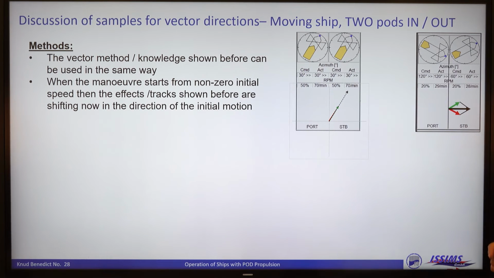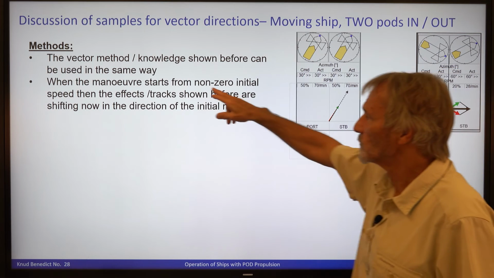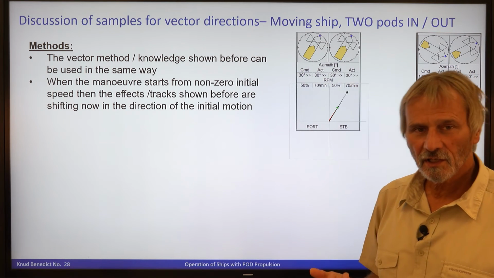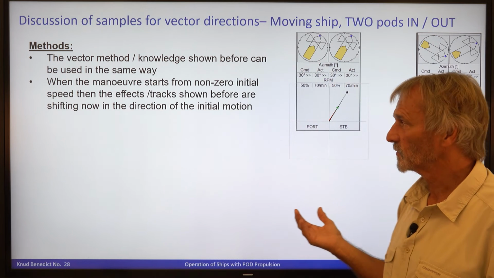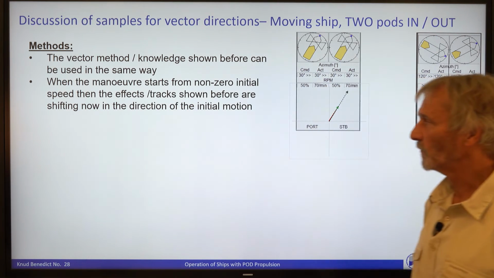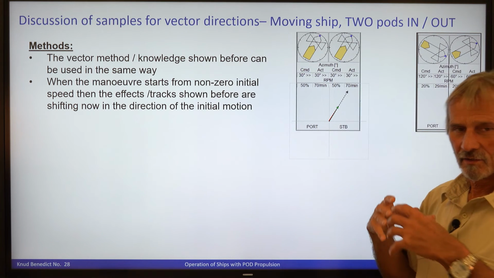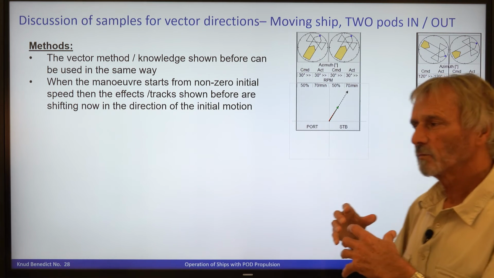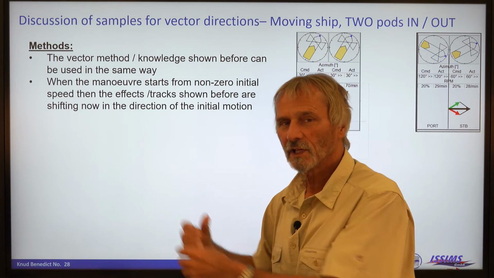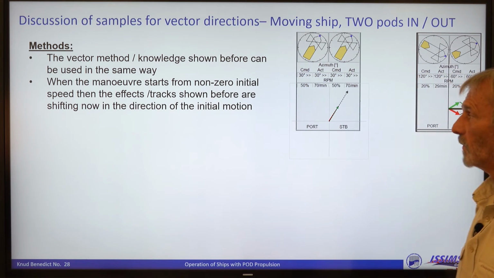When the vector starts from non-zero initial speed, then you will see, by means of the samples to be shown, that the effects and the tracks shown before at no speed are now all moved and shifted in the direction of the forward motion.